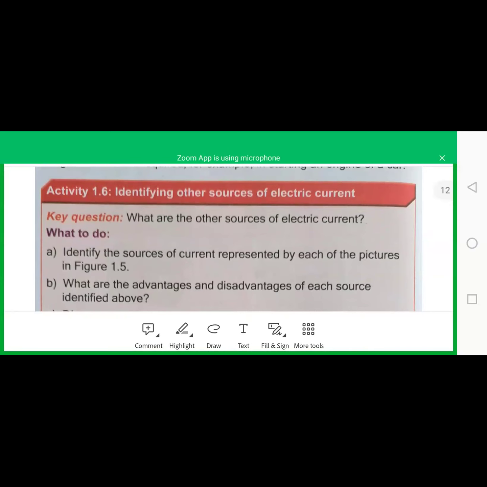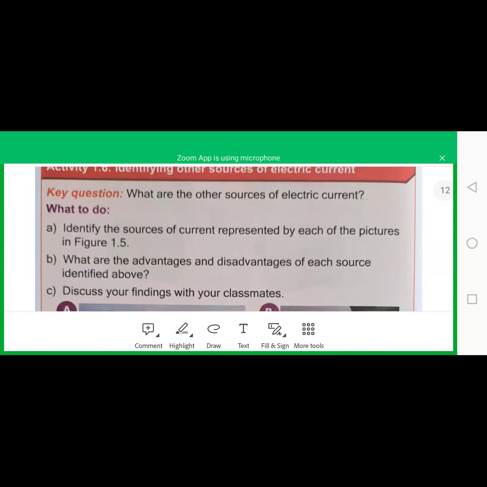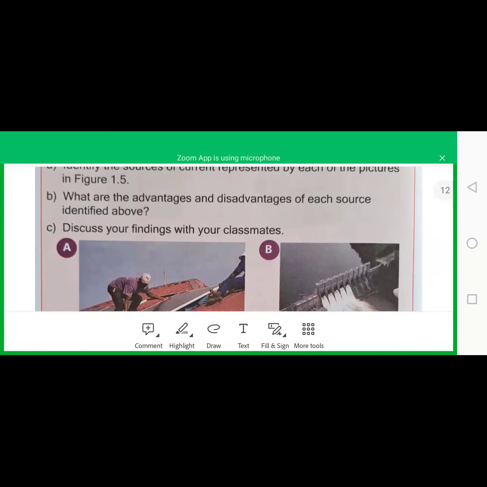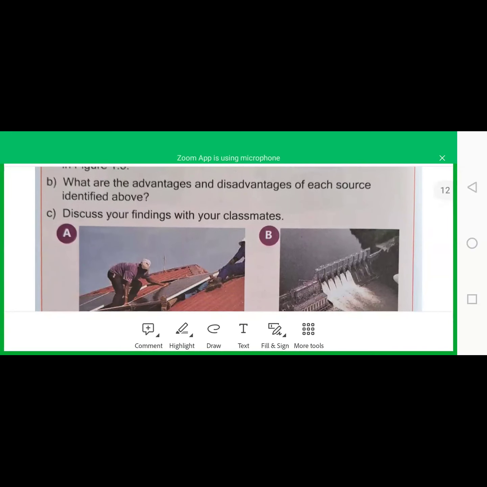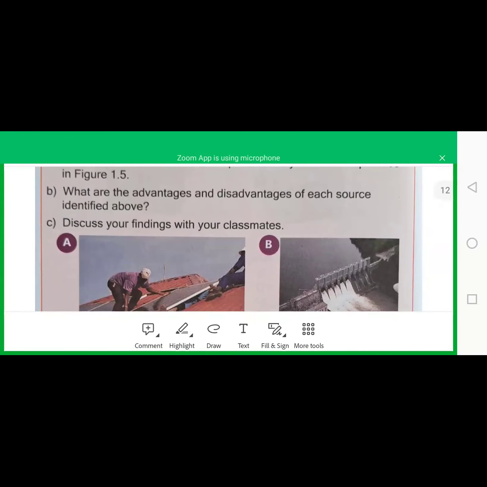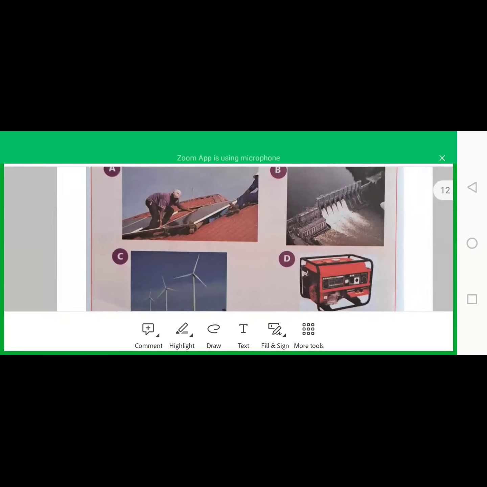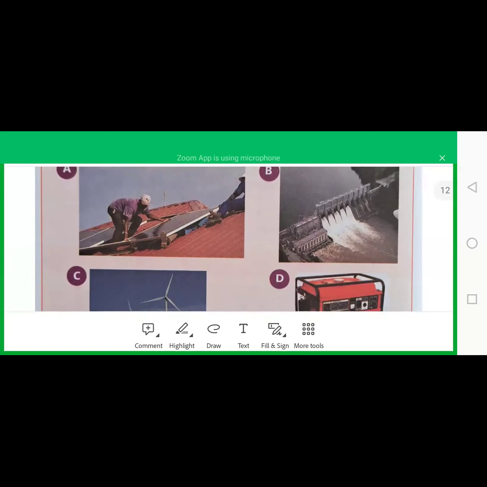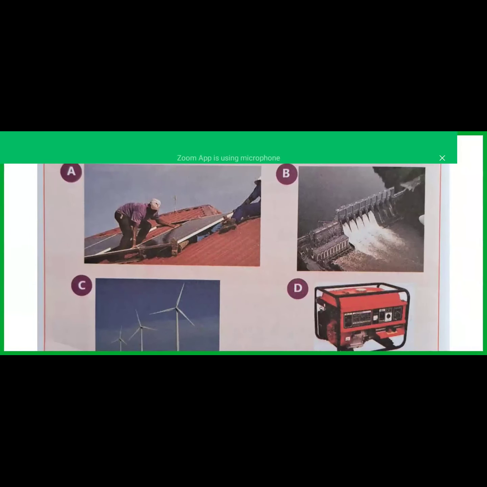So what are other sources of electric current, or electricity? Because of time, we're going to have one person.